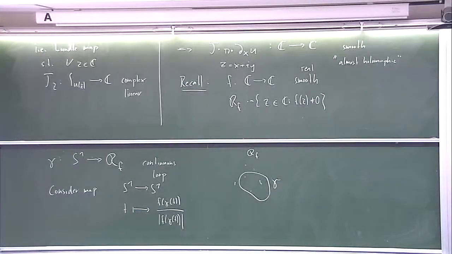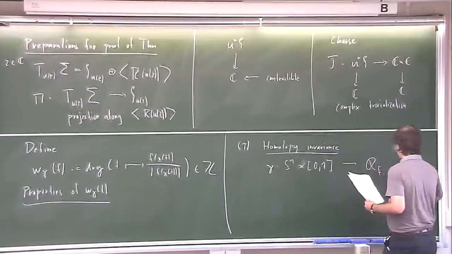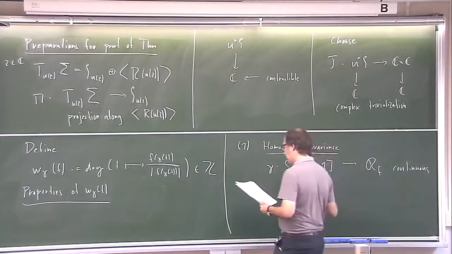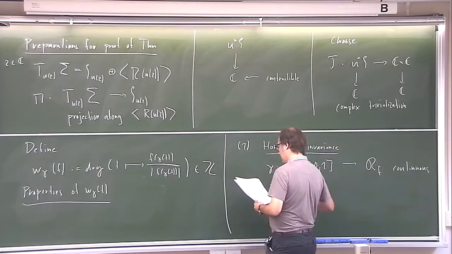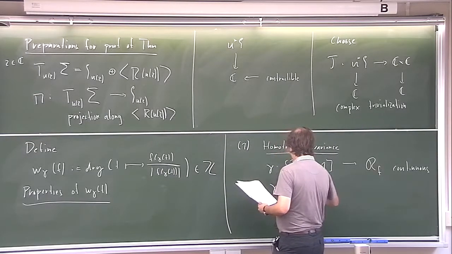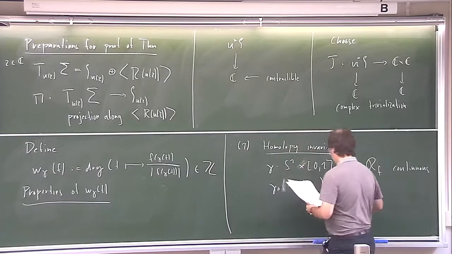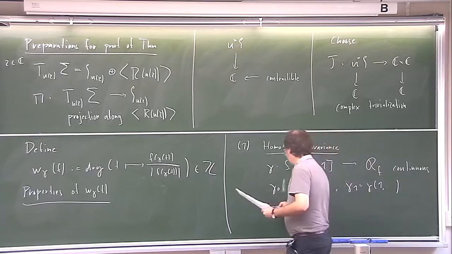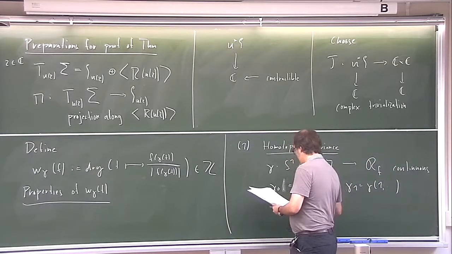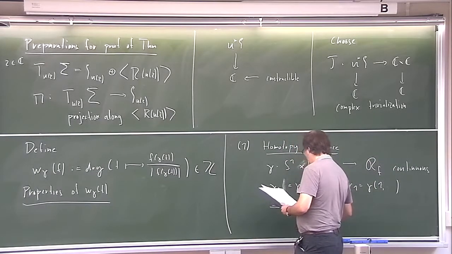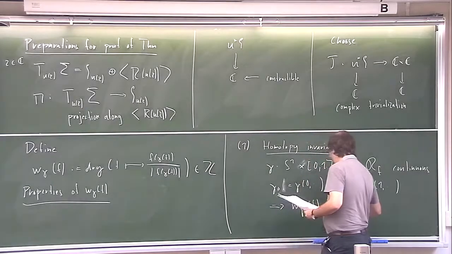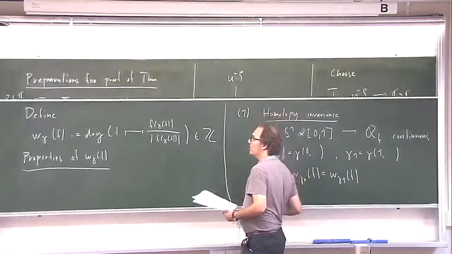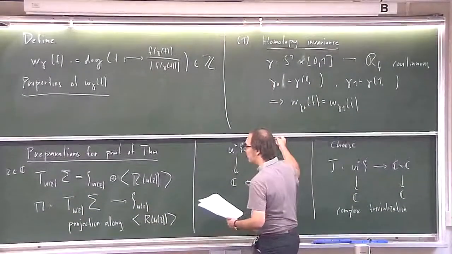So if this is continuous, then with gamma 0 and gamma 1, this degree doesn't change: W gamma 0 of f equals W gamma 1 of f. Then another property is the concatenation property.